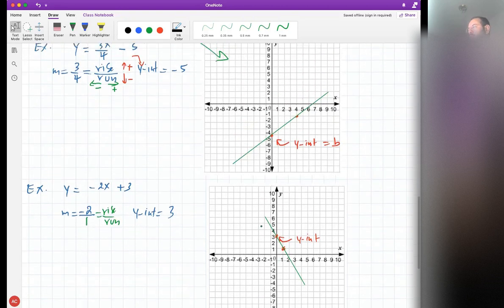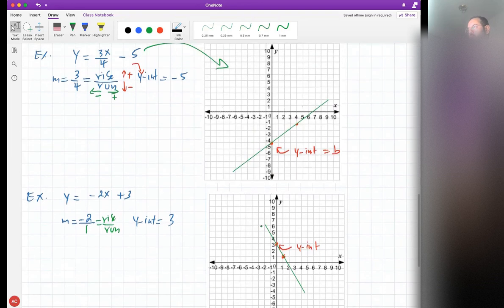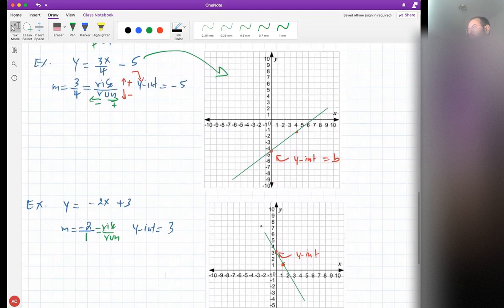Okay, everybody, any questions about these two graphs? Please let me know. This is an easy, convenient way. We're going to need this in the future, and we're going to use this for solving more problems because it's convenient.